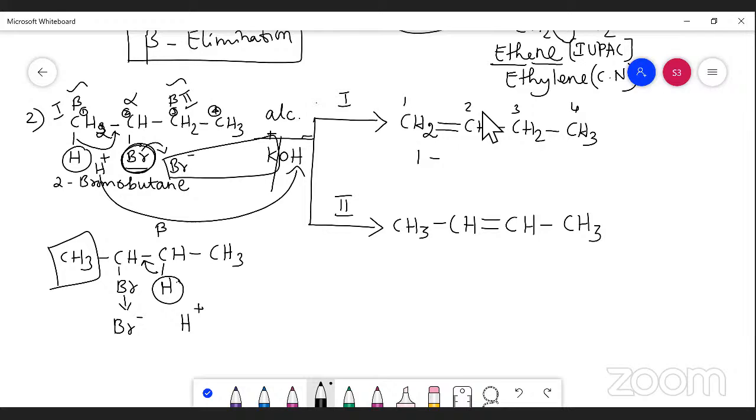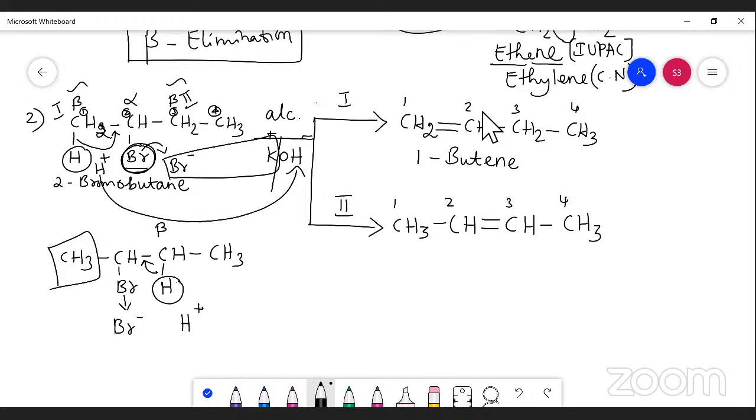So totally 4 carbons means but-. But is a long chain, indicating the long chain. Saturated or unsaturated? This is unsaturated, that's why -ene. So the name of the compound is 1-butene. Likewise, can you see the second compound? First, you give the numbering: 1, 2, 3, 4. Where is the double bond located?